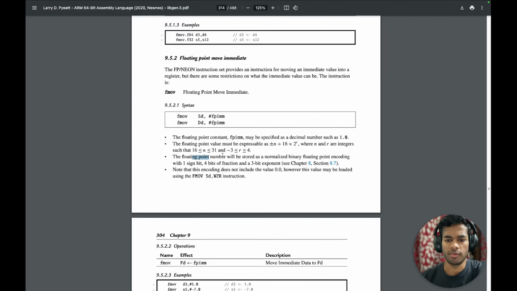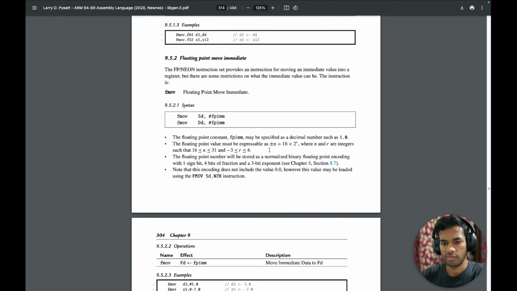The floating point number will be stored as a normalized binary floating point encoding with 1 sign bit, 4 bits of fraction, and a 3-bit exponent. Okay, and the floating point number must be expressible as this, where n is less than or equal to this and r is between minus 3 and 4.